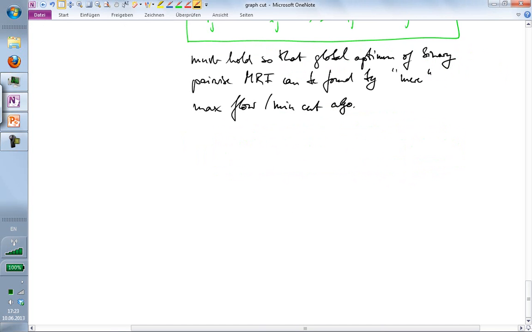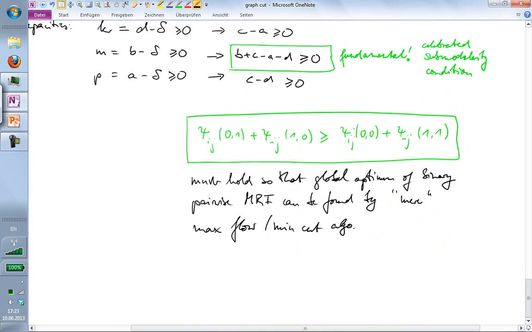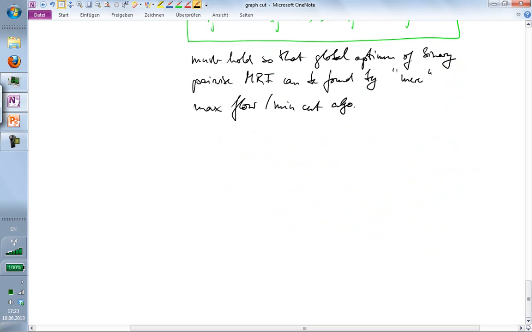Okay, now I mentioned that we actually get 3 conditions out and only one of them is fundamental. And I want to explain about the other ones.